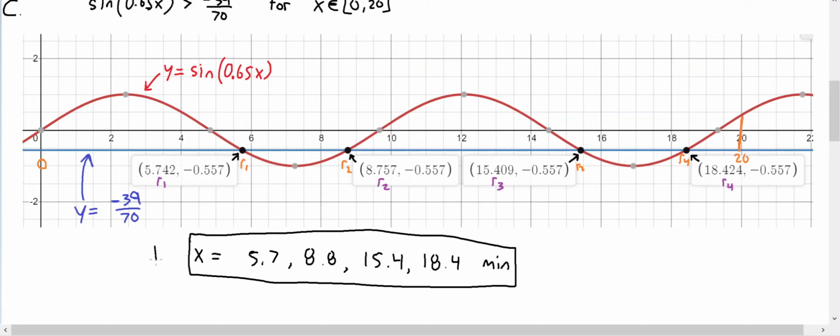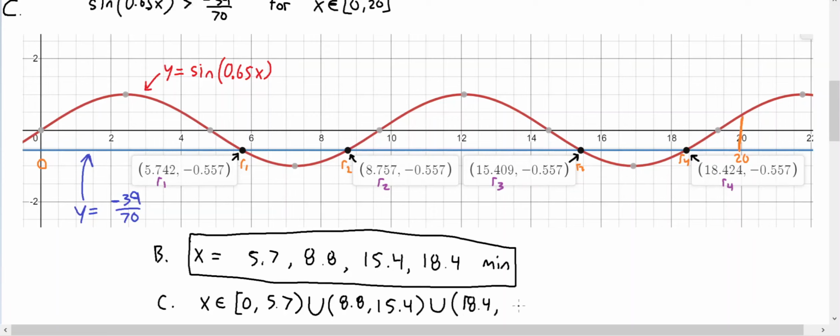The way we can characterize the answer for part C is probably best as an interval, by saying x is an element of 0 inclusive up to R1, which is 5.7, not inclusive here, union that with this next interval, R2 to R3, so that's 8.8 to 15.4, not inclusive, union that with the final interval, R4, which is 18.4, up to and including 20.